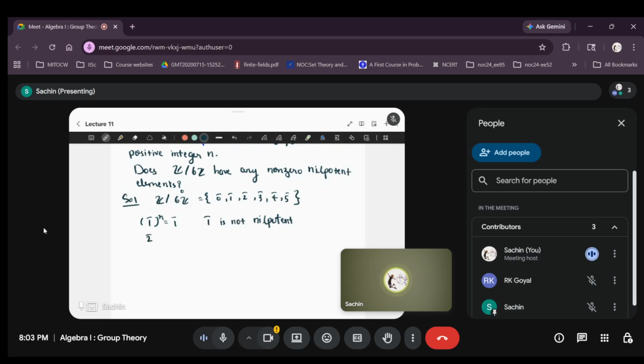What about 2 power n? 2 square is, 2 cube would be, yeah, so it's either 2 or 4, power of 2. Then 3 square is, yeah, so 4 square is 4. What about 5 square?